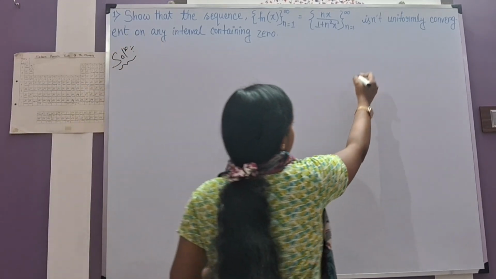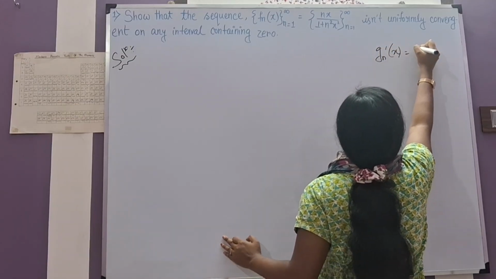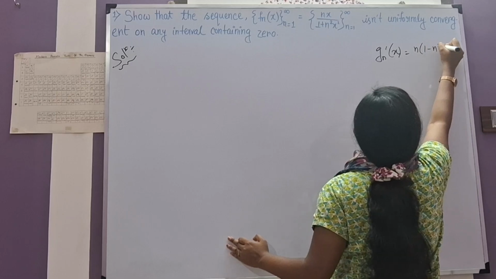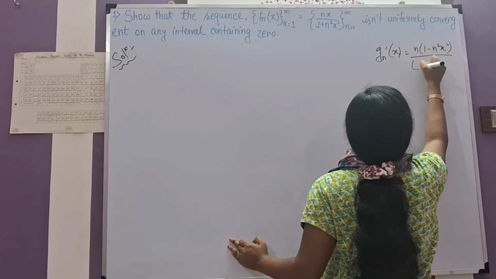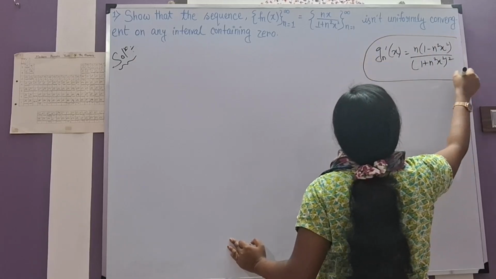Now what we already found? We found that g dash n(x) equal to n into (1 minus n squared x squared) by (1 plus n squared x squared) whole squared.